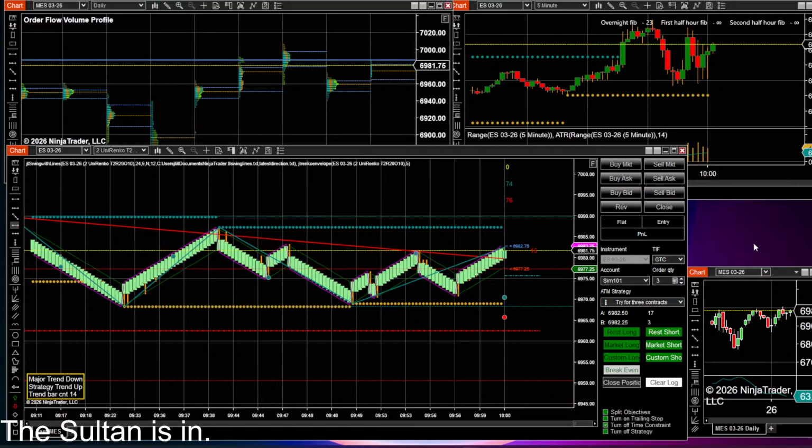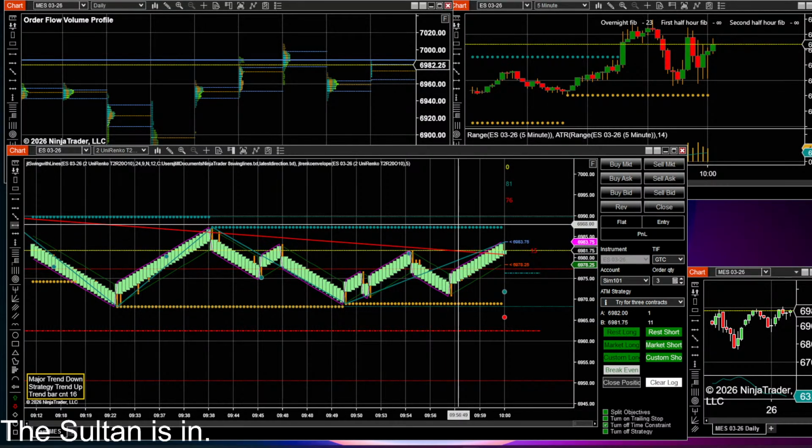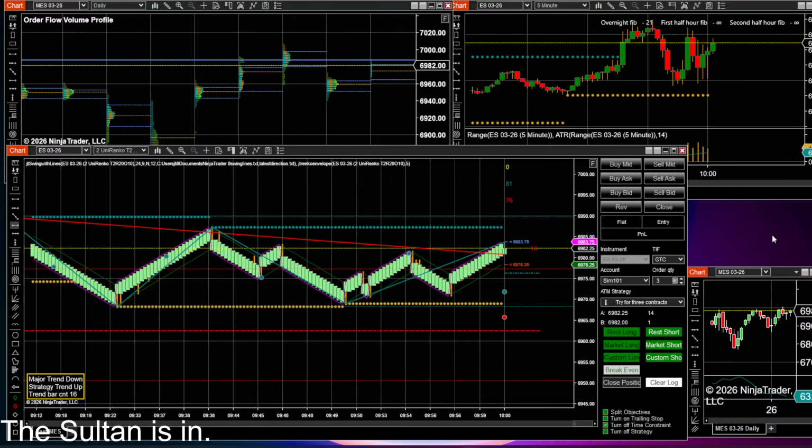So this confirmation of continuation to the upside, heading towards that resistance area at 87. Let's see if we can make it.